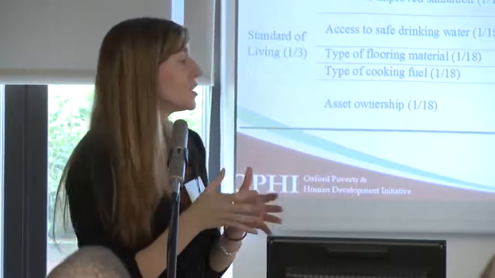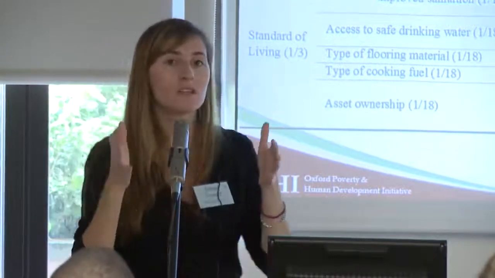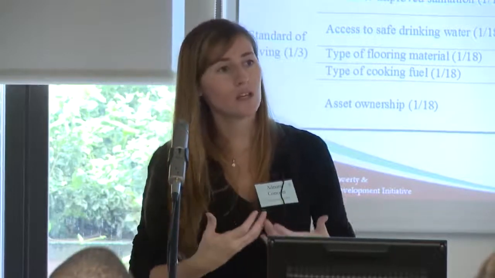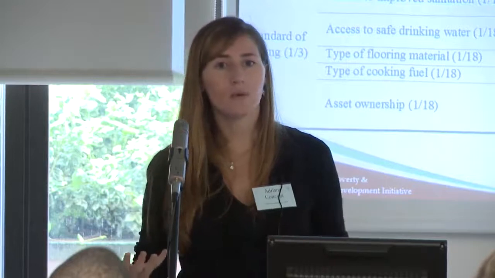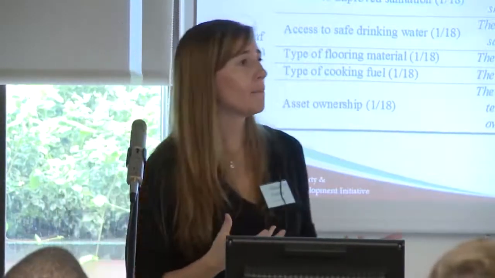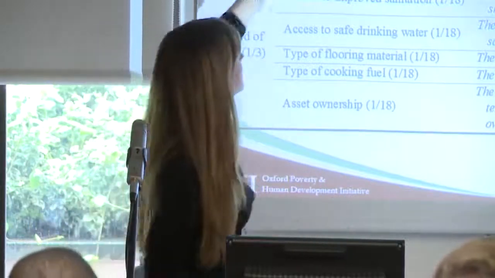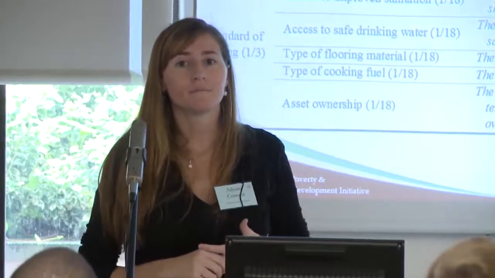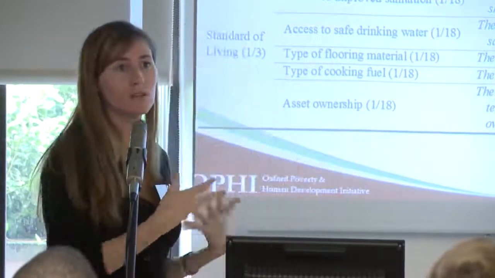Basically, each dimension is given the same weight, and then within dimensions, each indicator is also given the same weight. Now, what would have happened if we had given each of these indicators the same weight, 1/10? Why do you think that we decided to do it this way?